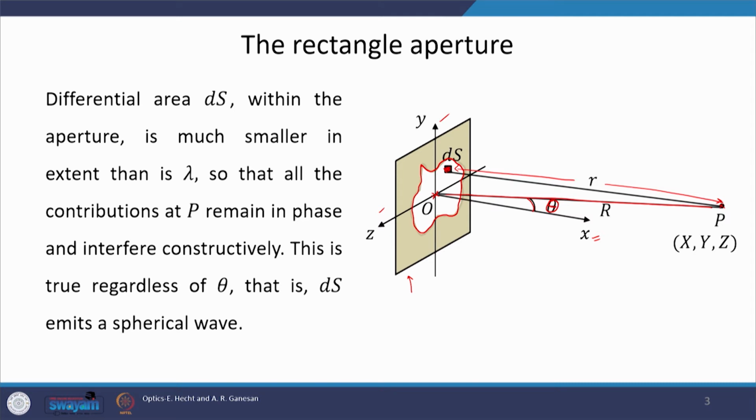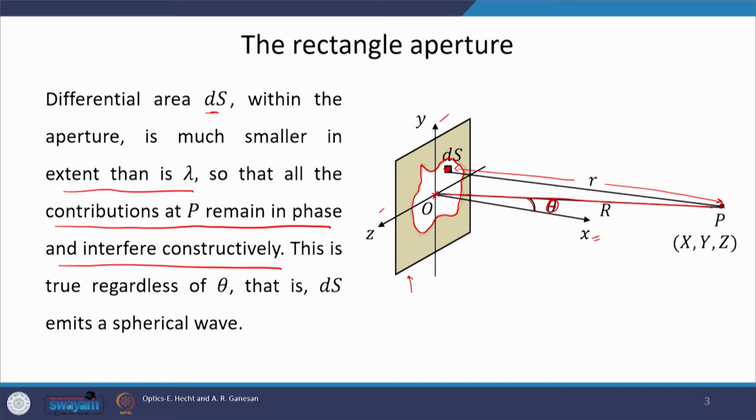Now, the differential area inside this aperture is assumed to be much smaller in extent than lambda. If this is so, then the contributions at P remain in phase, and all the rays starting from this differential area will interfere constructively.